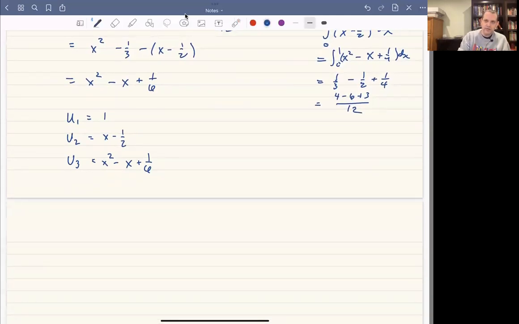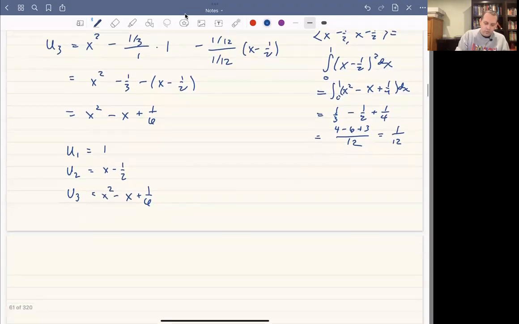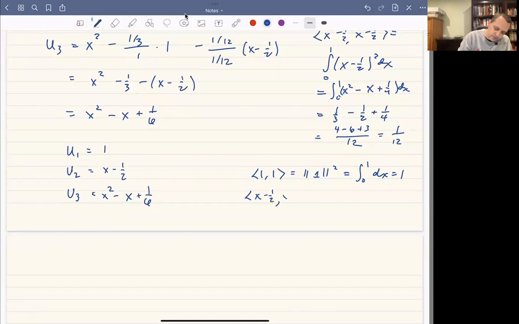And then what we need to do is compute the length of the vectors. Well, the length of the vector here, so if I take this quantity squared, the inner product of 1 with itself is going to be the length of 1 squared. So that's the integral from 0 to 1 of 1 dx. So that's 1. So that's, again, already unit length. The inner product of X minus 1/2 with itself is what we computed in this step here.